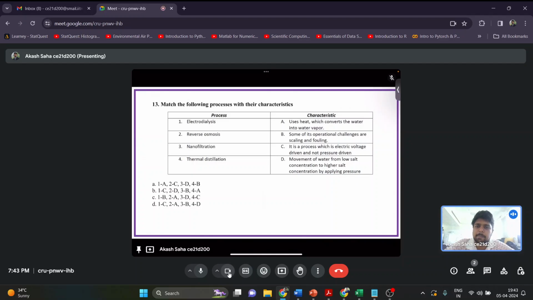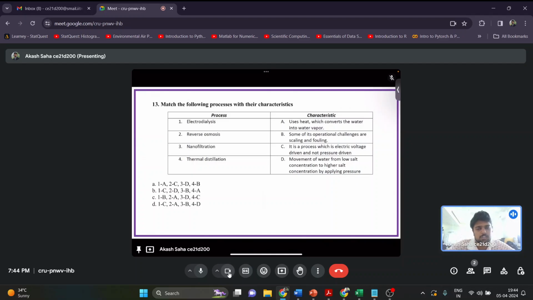So here if we discuss the problem, electrodialysis is basically an electric voltage driven process. So for option A1, it's C. Reverse osmosis is about the movement from low salt concentration to a high salt concentration by applying pressure.